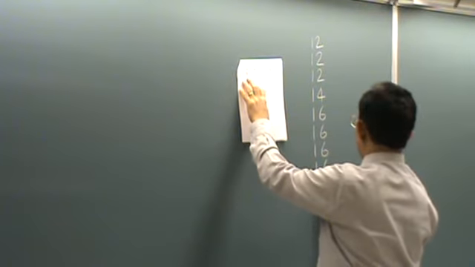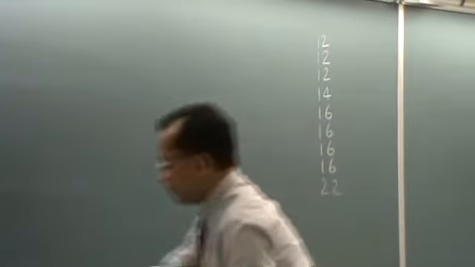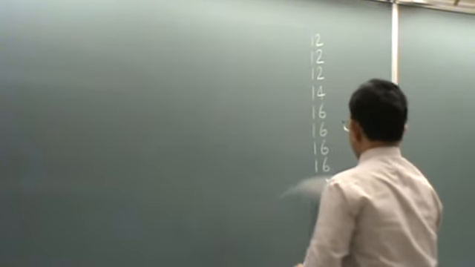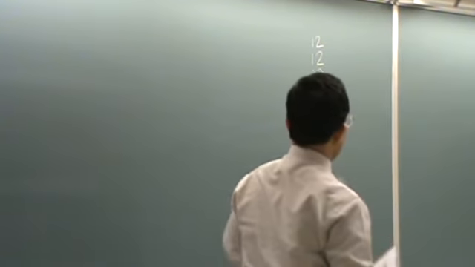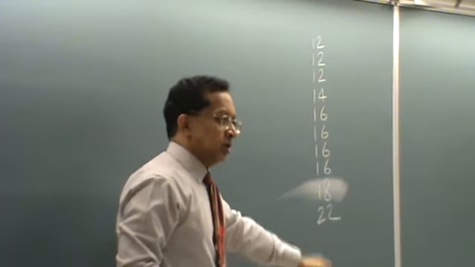And 18. So this is how we rewrite this data in the ascending or descending order.